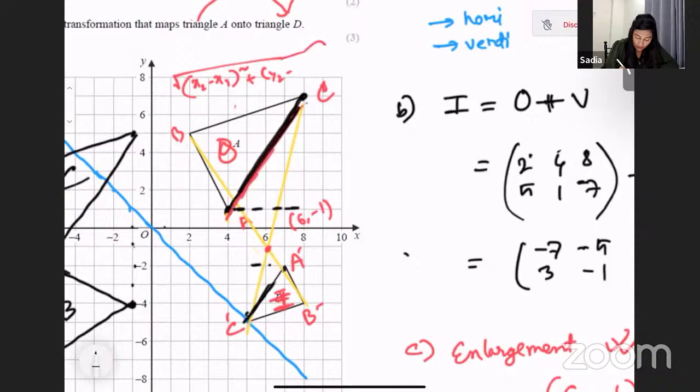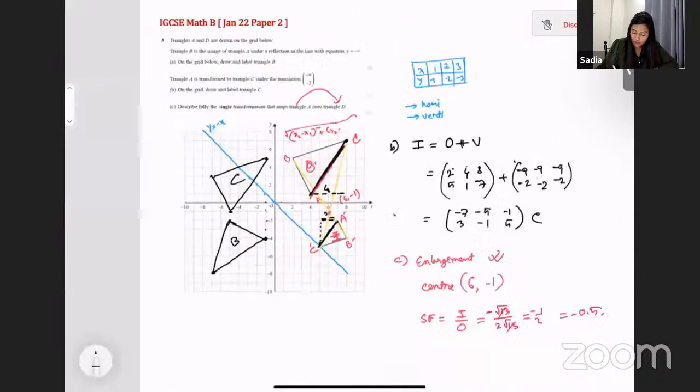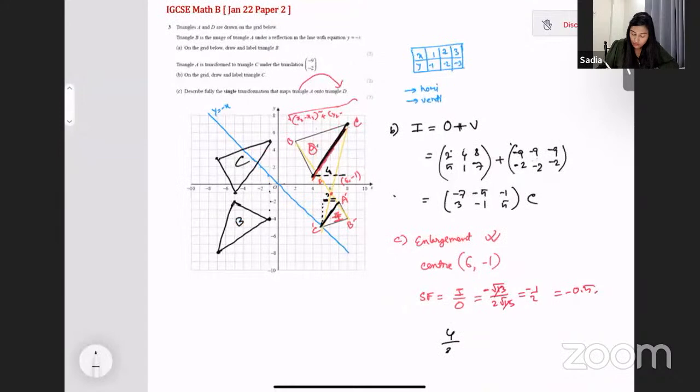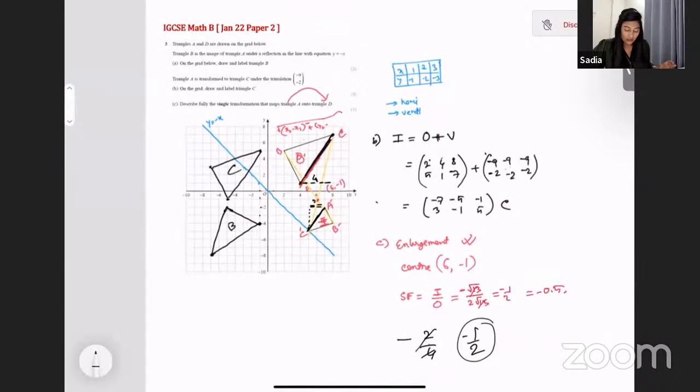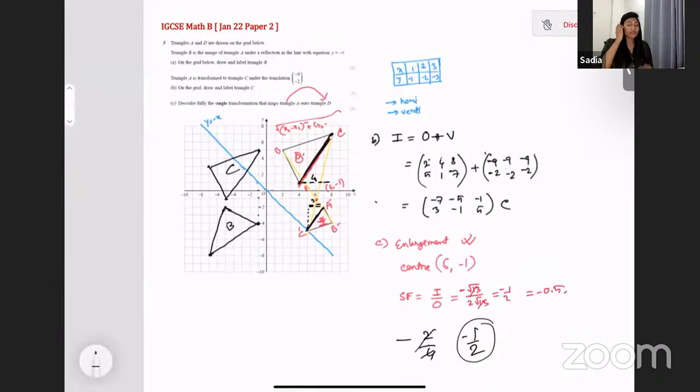Just look at the horizontal boxes under AC and A prime C prime. So we have 2 boxes here and 4 boxes there. So it's image by object, 2 by 4. So half. And since opposite side, minus half. So you can always use the shortcut method to calculate this scale factor, because you will get marks for the final result only.